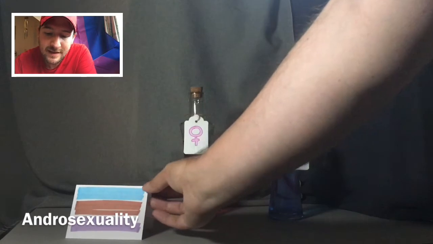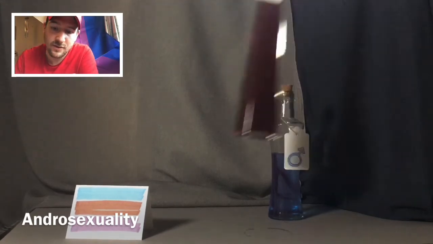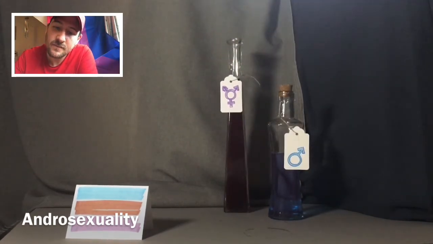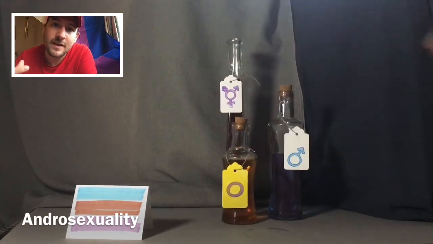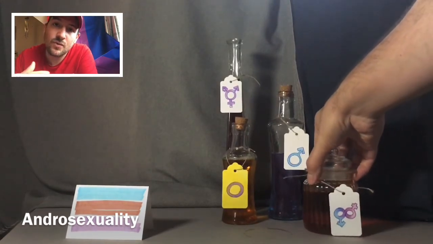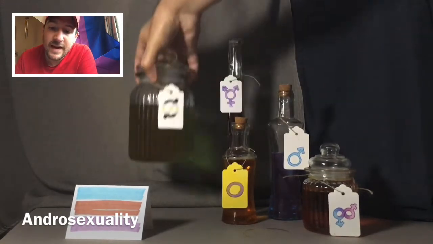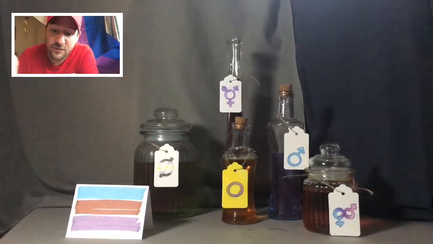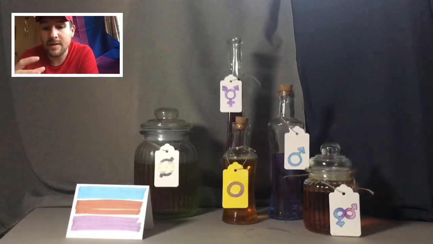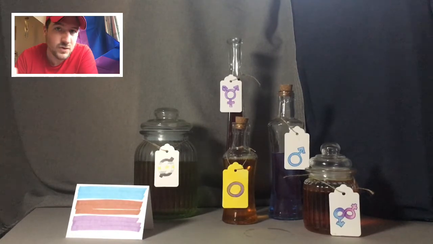Our next term is the term androsexual. Now, androsexual is someone who is attracted to the masculine gender. Now, this can be people who were born cis male, or people who transition into male, or maybe non-binary people who are masculine, and or gender fluid people when they're on the part of the masculine aspect, and this is what we call androsexual.